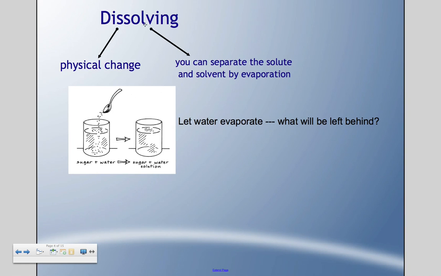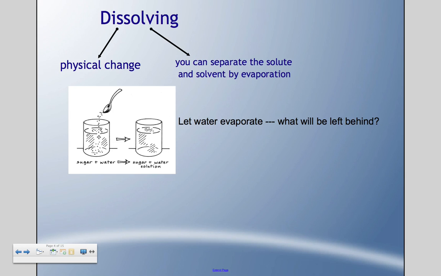Dissolving is a physical change. If I put sugar in water, it dissolves the sugar. The sugar becomes part of the water. But if you were to think about some of the things that we've experimented and done before, you know that if we evaporate that water, we have the sugar left over.